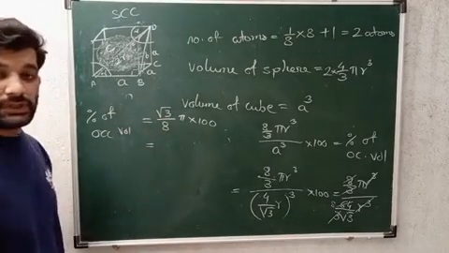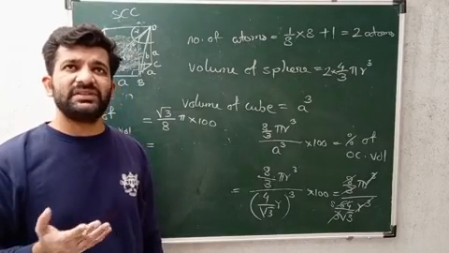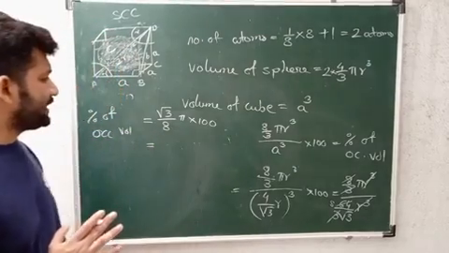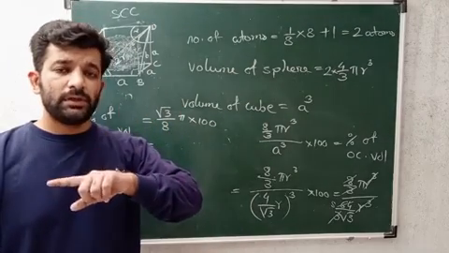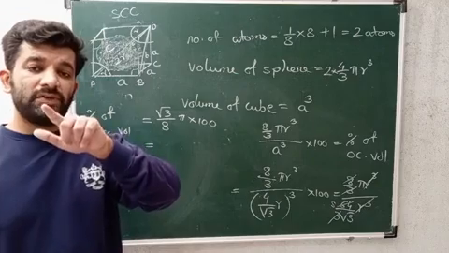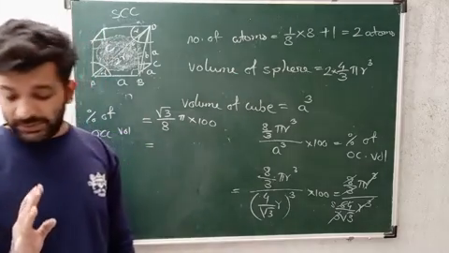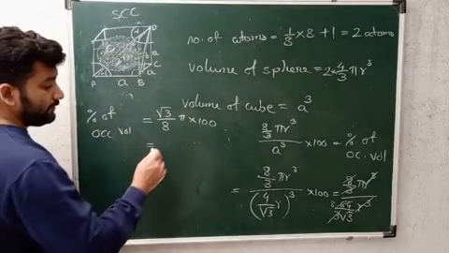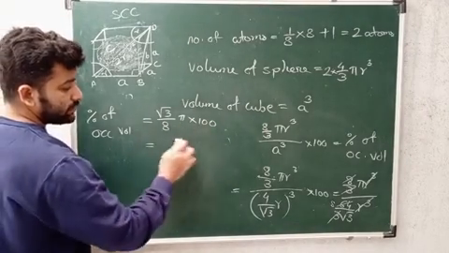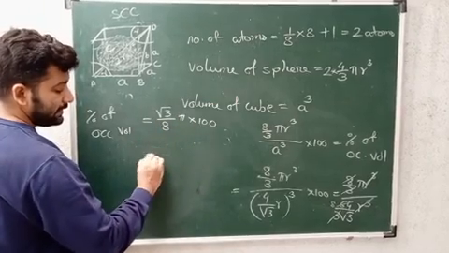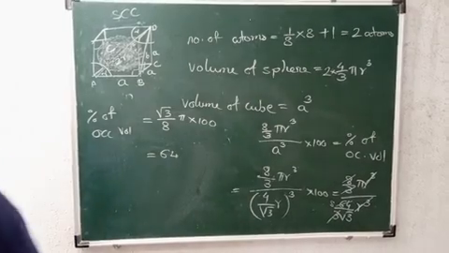The value of root 3 you will get in log tables, that is 0.73 something. I don't know exactly. You will get it in the square root table, in square roots. When you see the value of root 3, directly you will get the answer, that is 1 point something. Now when we multiply these terms and simplify this whole concept, we will get the percentage, that is 64 or 62%, something like that.